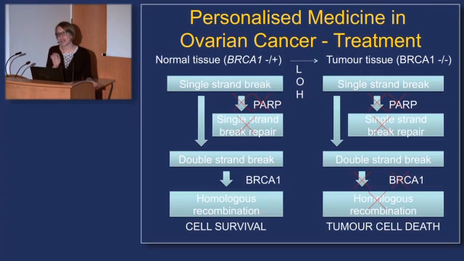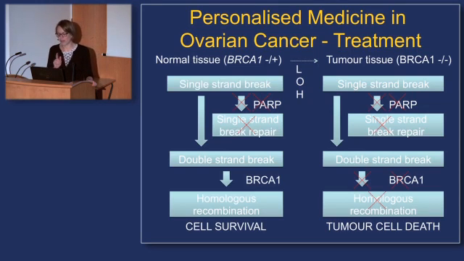That means if there's DNA damage on a single strand, a protein called PARP will repair it. And if there's DNA damage in both strands of the DNA, BRCA1 will repair it, and that's the normal state of affairs. In the tumour cell, however, they've lost their second copy of their BRCA gene, so they have no pathway mending their double-strand breaks in DNA.